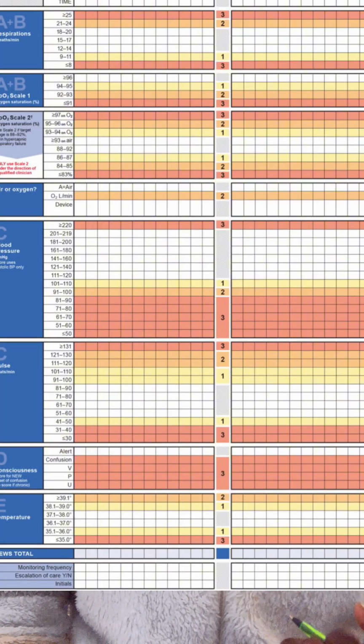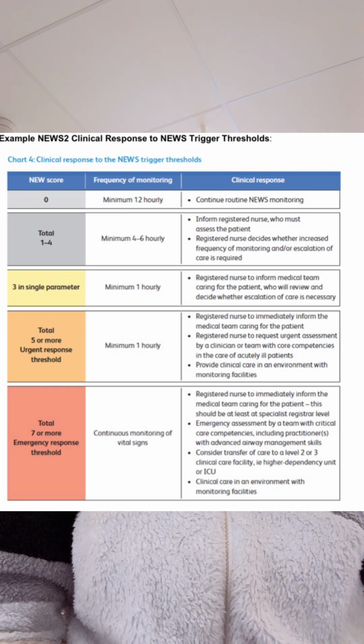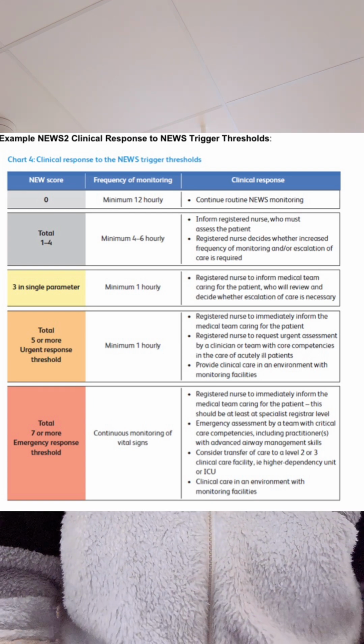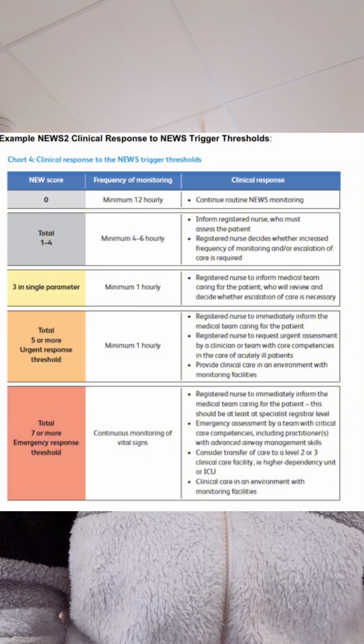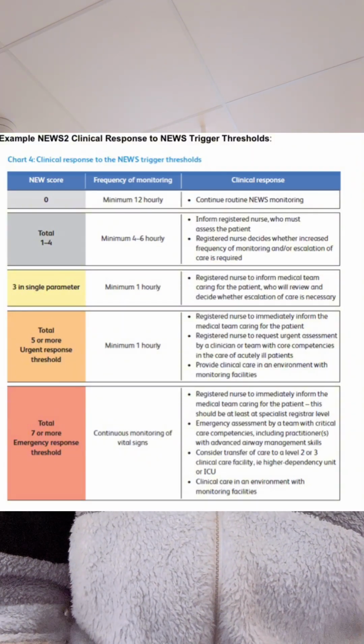It says clinical response to NEWS 2 trigger thresholds, and we've got the NEWS 2 score, frequency of monitoring, and clinical response. If you've got a score of 0, that means you have to check the patient a minimum of every 12 hours.